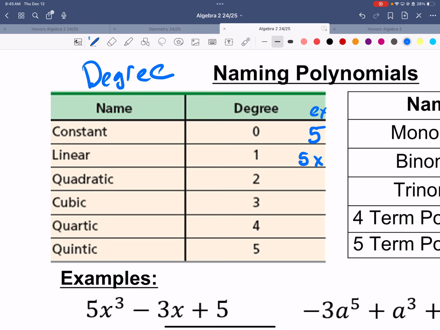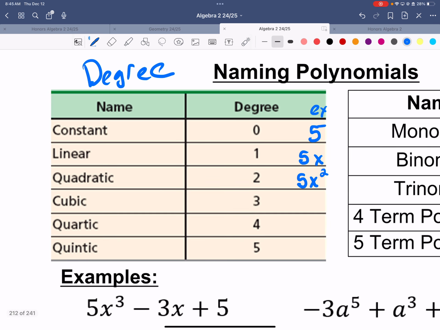The exponent here is understood to be a 1. It's quadratic if we have something like 5x squared, where the degree is the second degree. Again, remember we're naming them by the exponent. The exponent is 2, the degree is 2. We call a second degree one quadratic. We've done lots of those. 5x to the third would be considered to be cubic. It's a third degree.